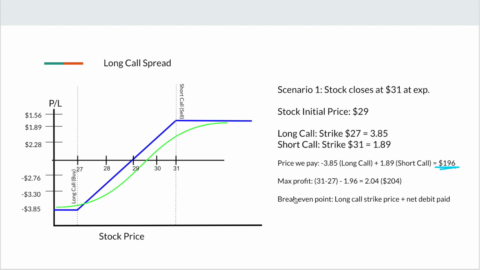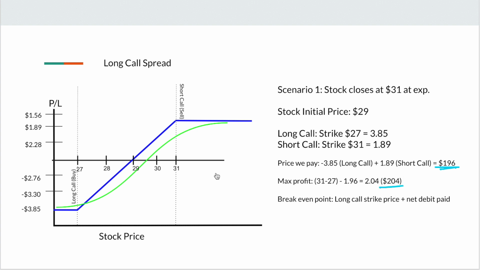However, our max profit in this case is calculated by subtracting the two strike prices, the width between the strike prices. In this case, it's 31 minus 27 minus 1.96, which is the amount that we paid initially, which gives us a total of 2.04, or $204.